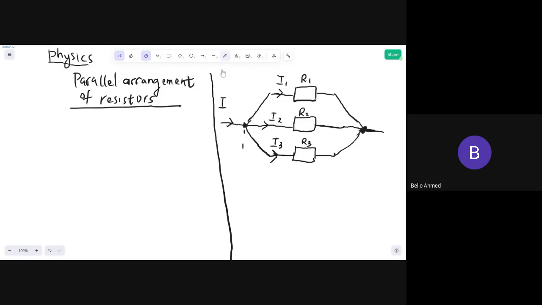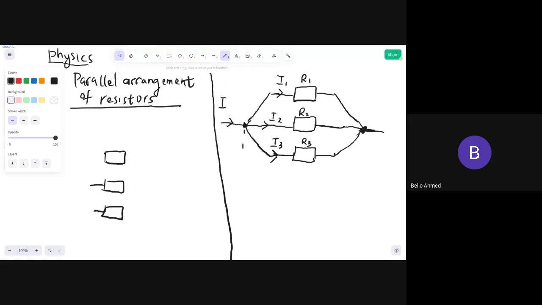Now, let's say we have a resistor like this, and we have another resistor like this, such that we have end A and end B. So what am I saying?